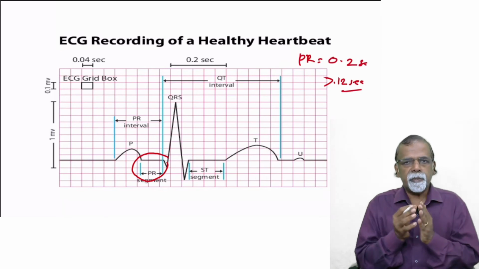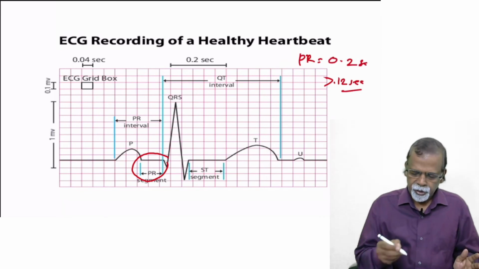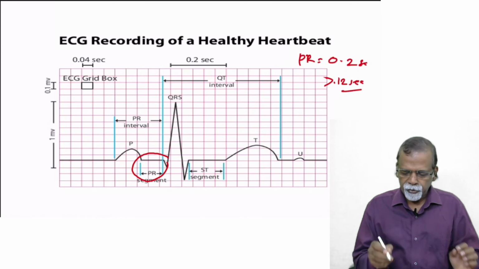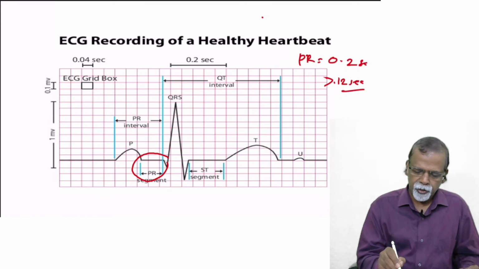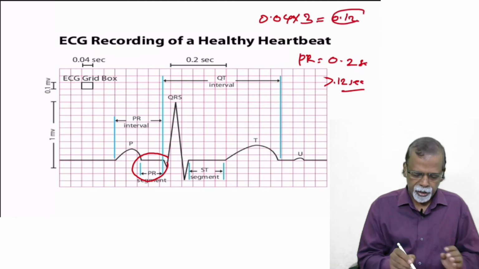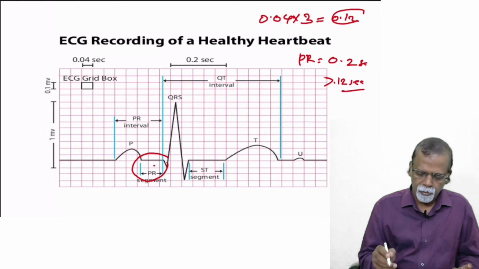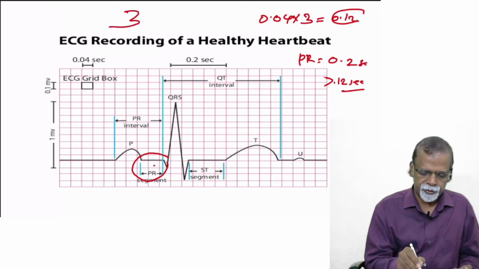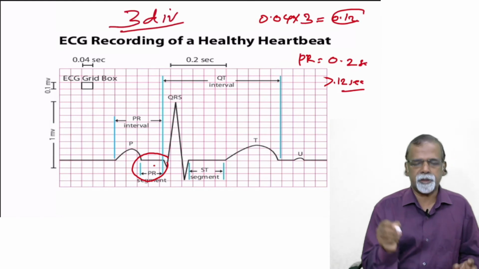It's easier to remember as divisions. 0.04 into 3 is 0.12. So the PR interval should be more than 3 divisions. This you should remember by heart.